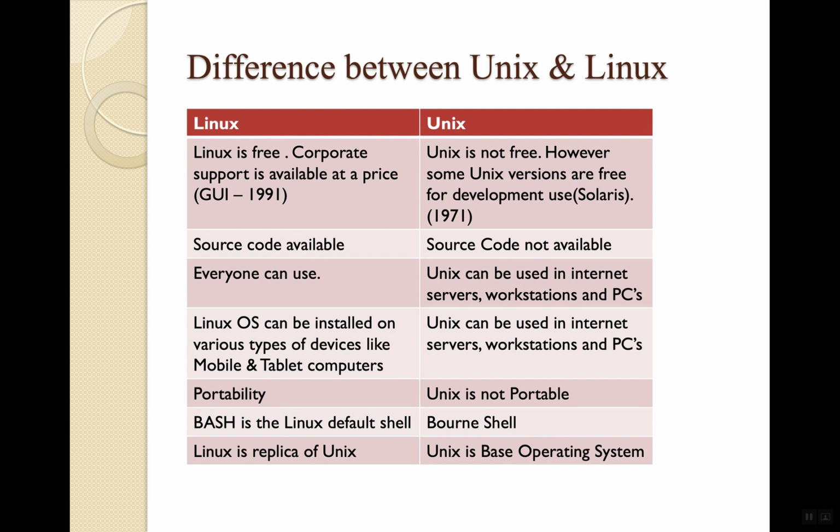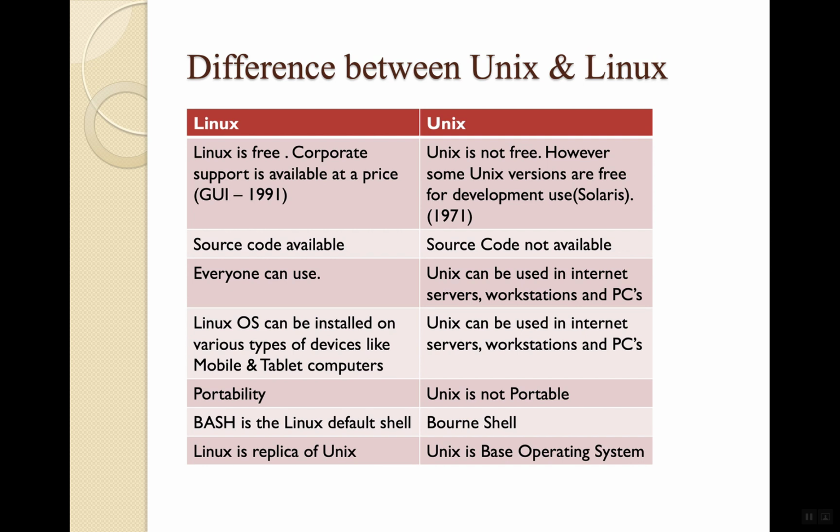That is Unix, the source code is not available. But in Linux, you can customize the source code, everyone can use it, like you, me, or anyone. But Unix is mostly used in internet servers, workstations and PCs. Mostly it will be used in companies.